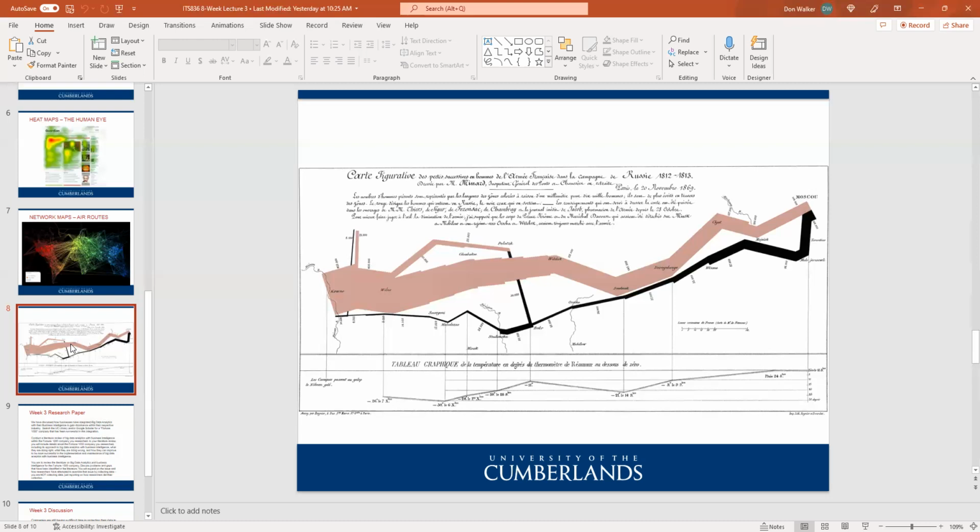So they started out with 400,000 men, I think. As you go from left to right is the advance to Moscow, and the size of the pink map swath is the size of the army as it slowly died on its way to Moscow.